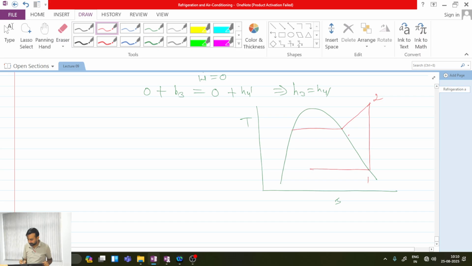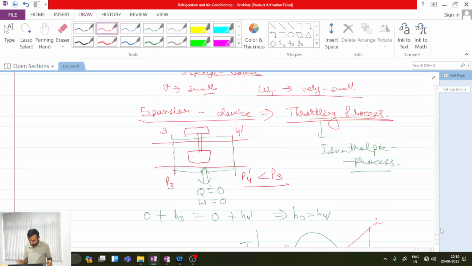And then 2 to 3, and now from point 3 I cannot move in an isentropic fashion. So the throttling process is nothing but an irreversible process. So the point is, if you create a restriction by having higher pressure on the left side, you can move from this pressure to this pressure. But can you move from low pressure to high pressure in the backward direction in this throttling process? No. So it means it's nothing but an irreversible process.